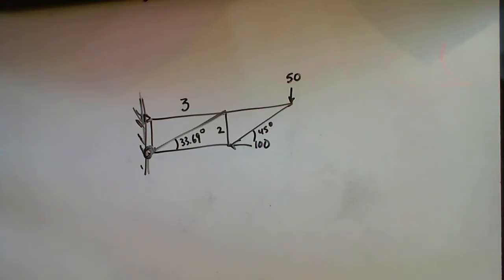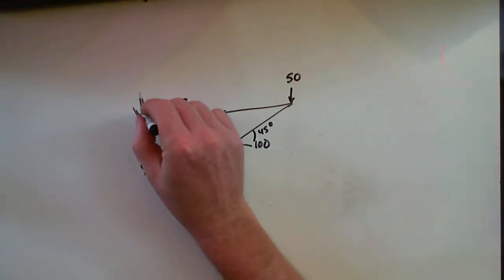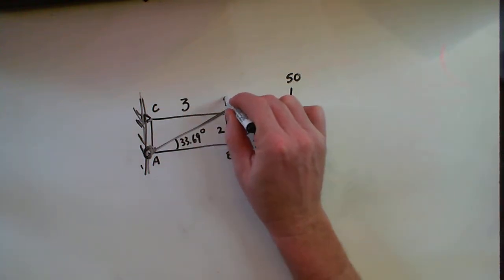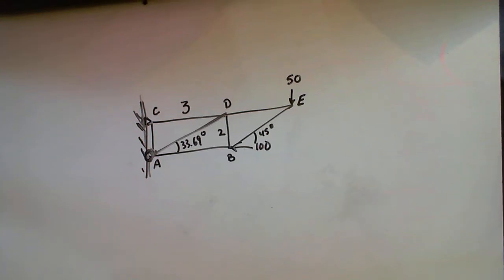So here is all of the information that we have on this truss. We're going to go ahead and call these nodes A, B, C, D, and E. The first thing that we need to identify is the reactionary forces. The reactionary forces occur where the truss makes contact with its support structure, meaning this truss looks as though it's something hanging from a wall.